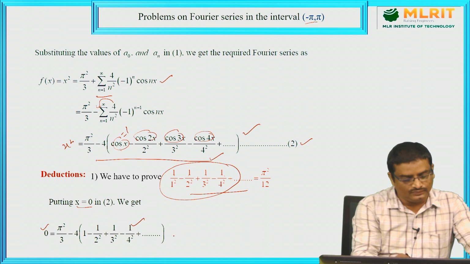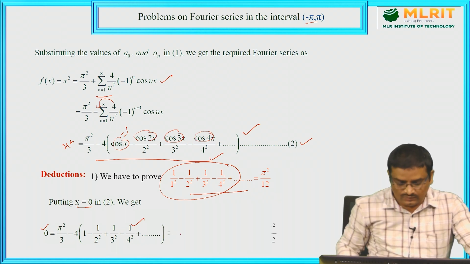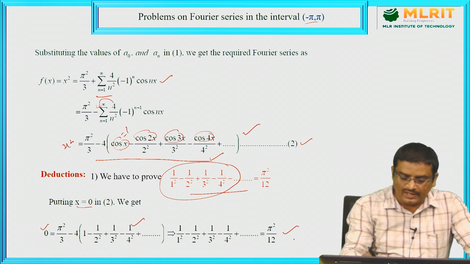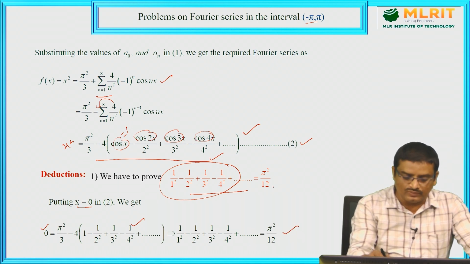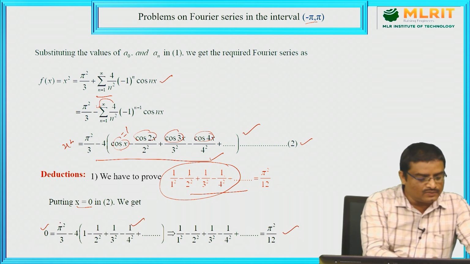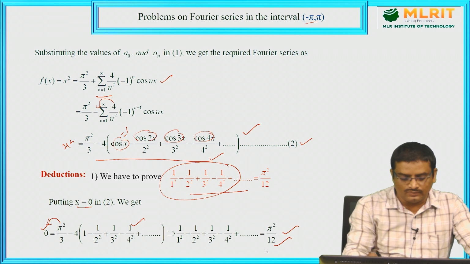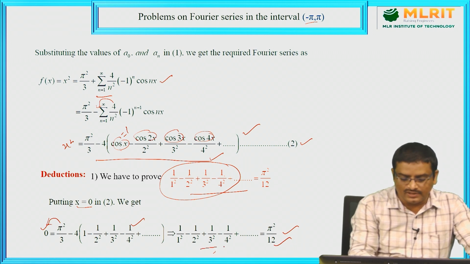Now, simplify this. If you simplify this, you will get our required condition what we have to prove. So, send this pi square by 3 to this side, then cancel minus and minus, send this 4 to this side, you will get pi square by 12 and this bracket term will remain here.